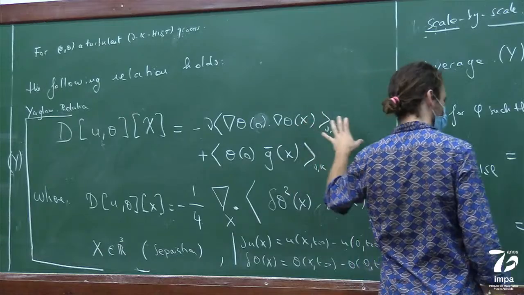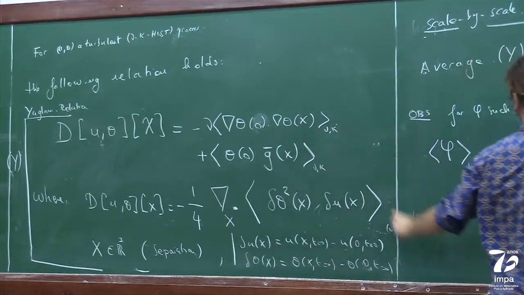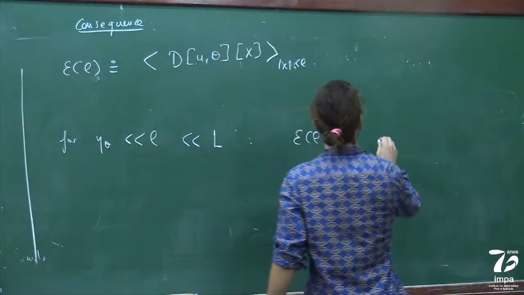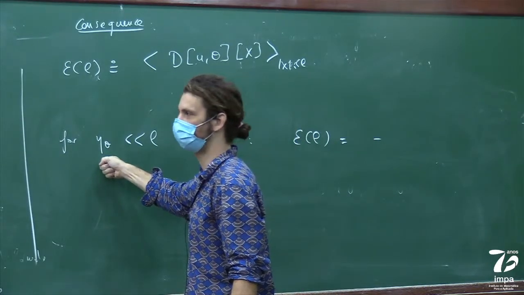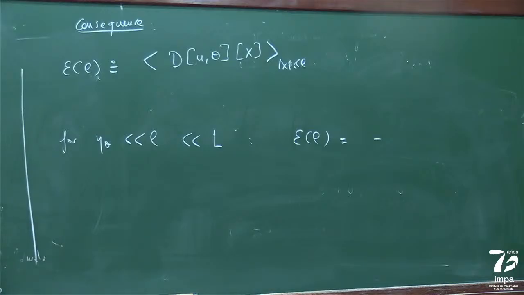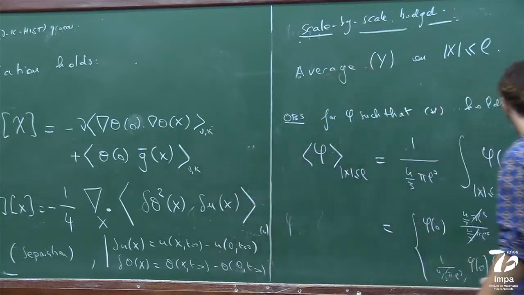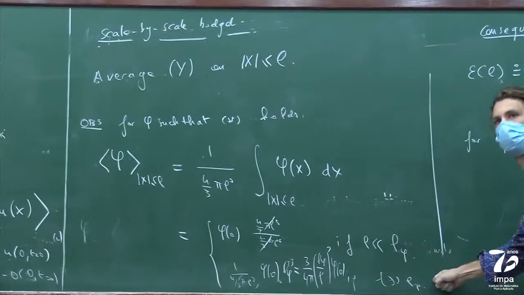So one is the first one. We have L which is very large compared to eta theta. So this means that we are looking at this formula here.